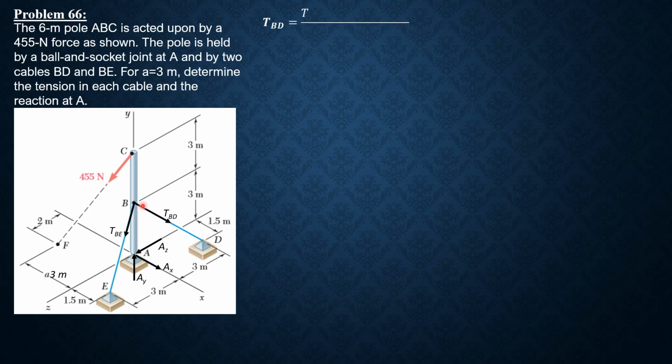So tension BD is magnitude of tension BD. It is directed 1.5 I along X. Along Y is negative 3, so negative 3J. Then along Z is also negative 3K divided by distance, square root of 1.5 square plus 3 square plus 3 square. So simplifying, it is TBD times 1.5 I minus 3J minus 3K over square root of 20.25.